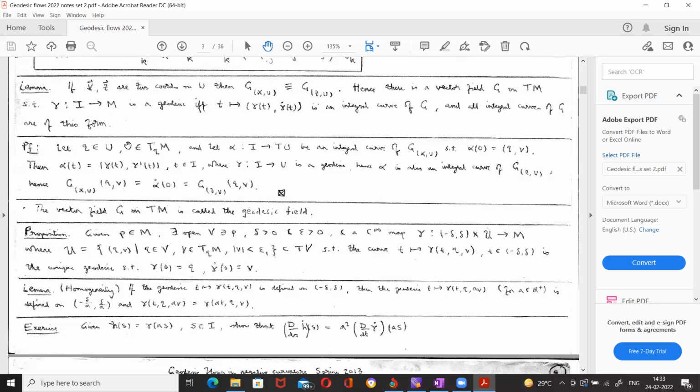Okay, so is the proof of the proposition clear now? This proposition here, that we get this smooth map gamma from (minus delta, delta) cross U to M. Any question about this?